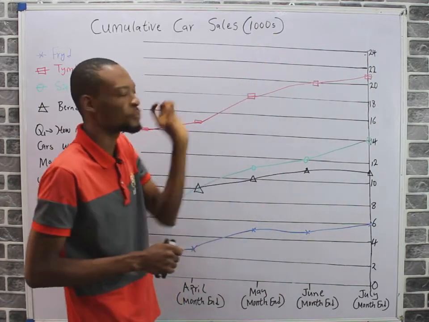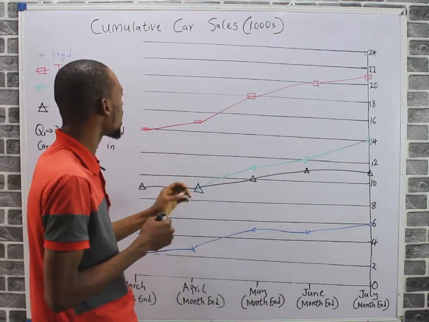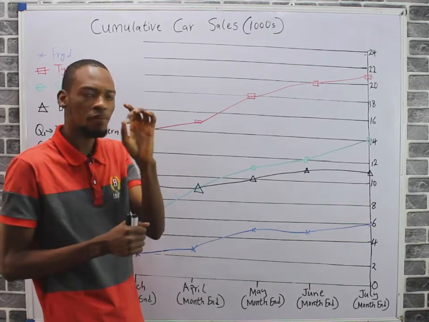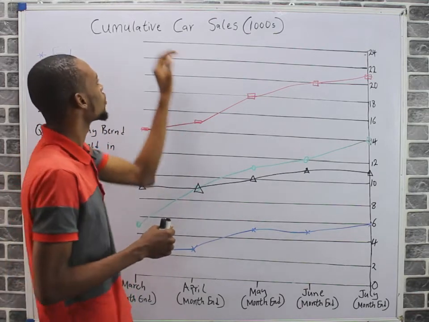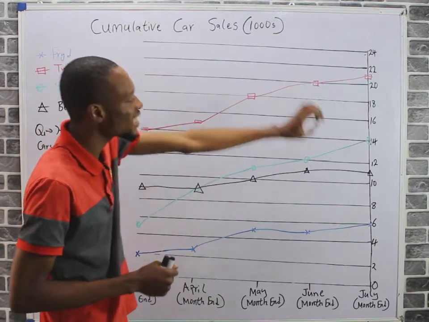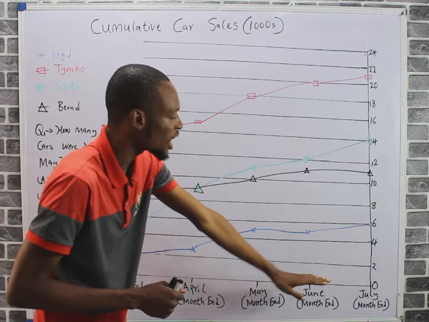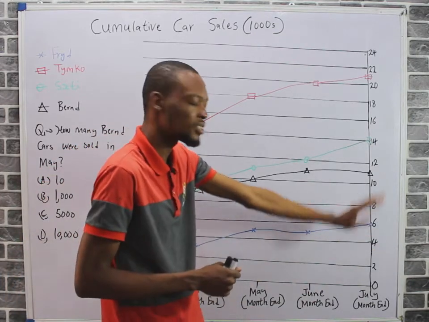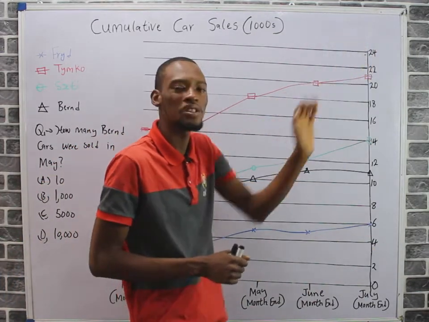That is what this represents. So far, we've been able to interpret two or three things. Cumulative means so far it continues, and the scale is in thousands: 2,000, this represents 4,000, up to 24,000.